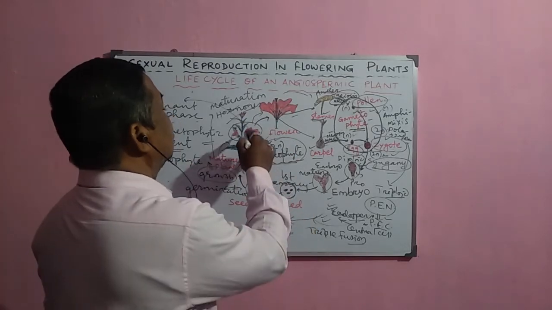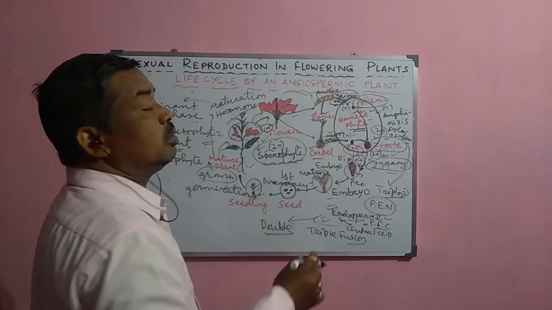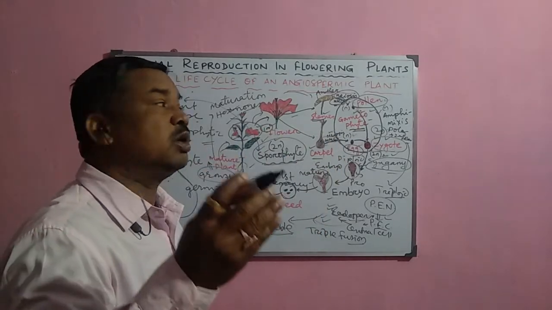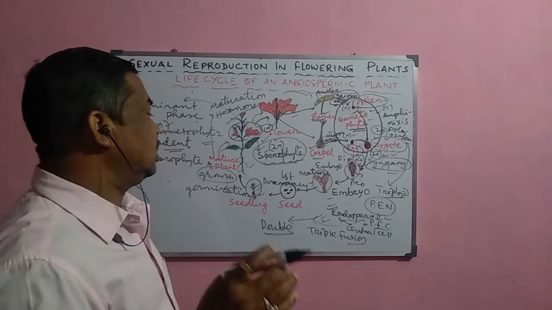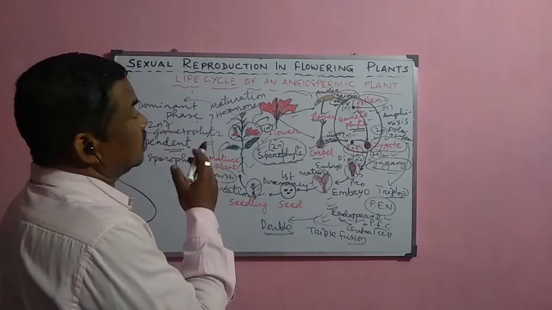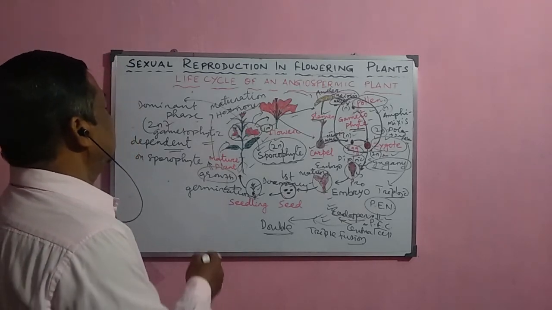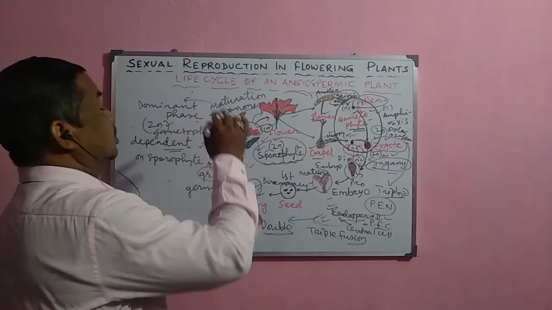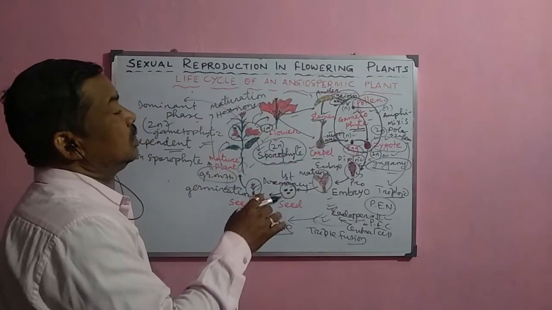Normally, this plant is sometimes a 100 year old plant, but every year this gametophytic phase occurs during flowering and fruiting. But the main plant remains the same. So this is a complex life cycle observed in the angiospermic plant, and by this process the life cycle of the plant goes on year after year.